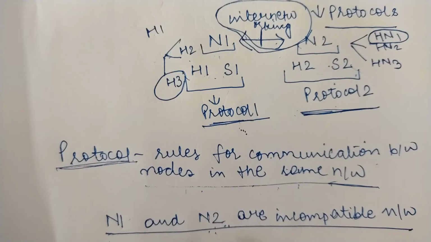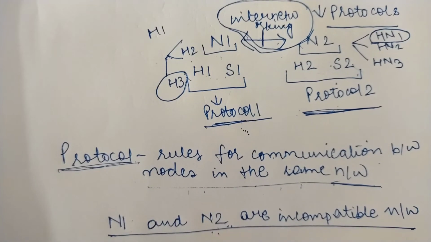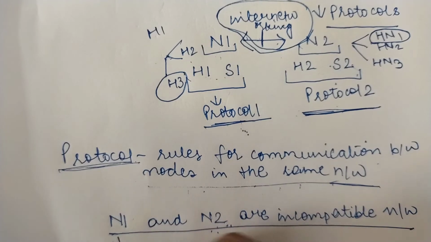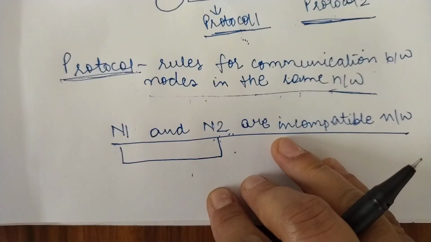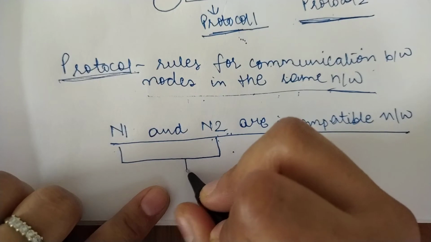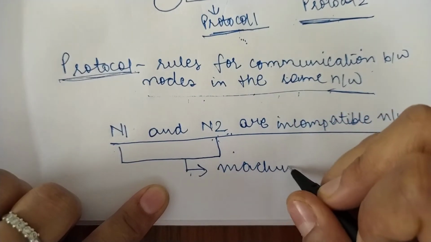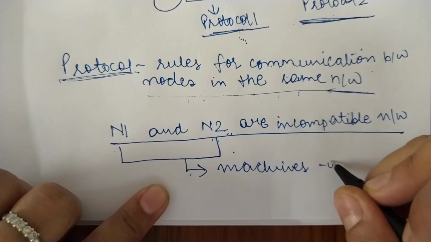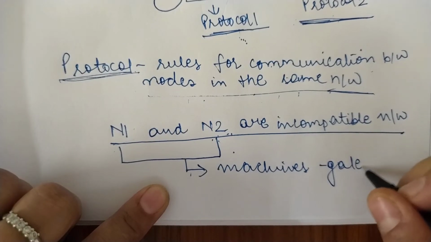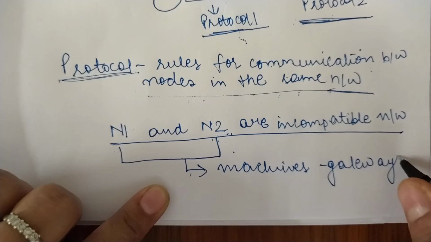So in order to connect two different networks or two incompatible networks, they are connected by machines. And what are these machines called? They are called gateways.